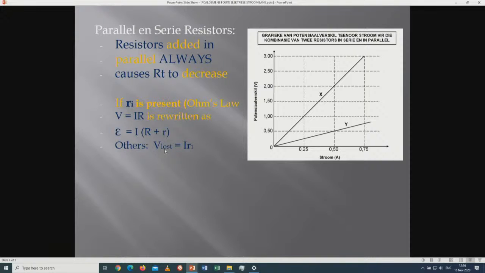You can write V_I in the exam, but for explanation purposes, this V lost helps you understand that it is energy per Coulomb. That is potential difference lost for the external circuit. So the battery used that energy per Coulomb for itself. Therefore it is V lost for the external circuit. So please remember also that formula.